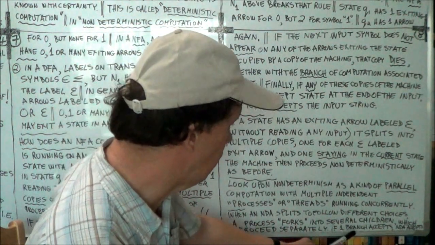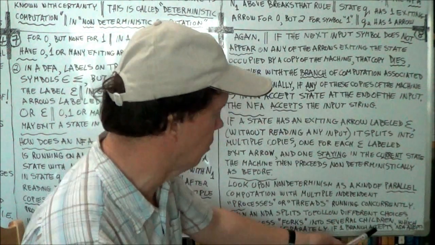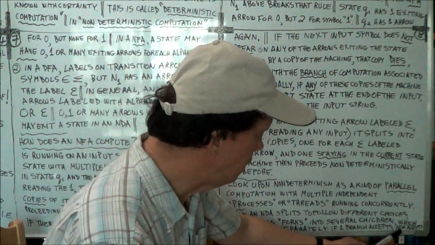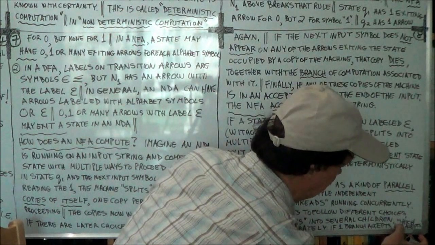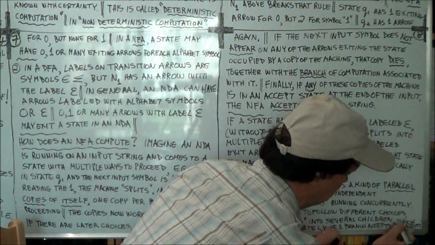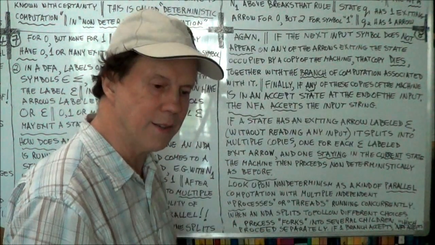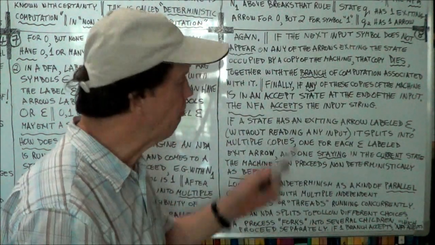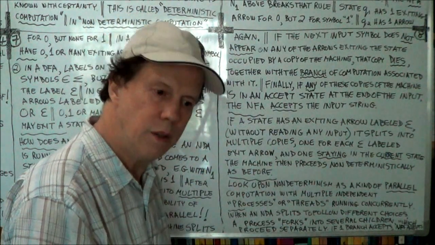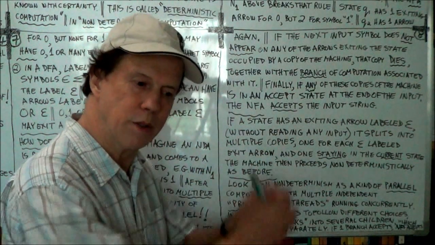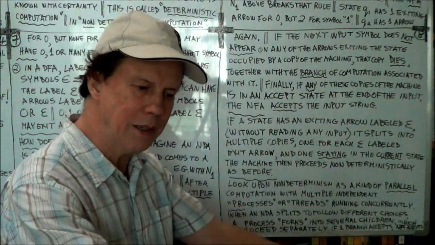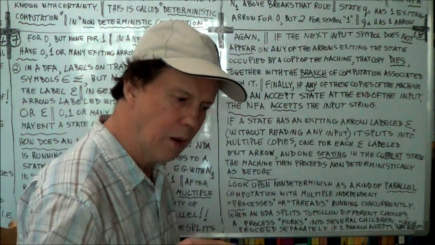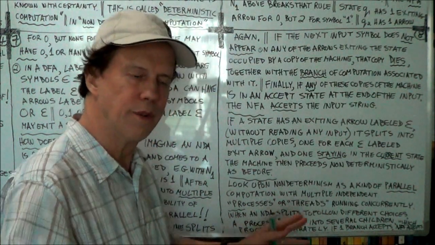So if just one branch, or thread, or whatever you want to call it, accepts, the NFA, the non-deterministic finite automaton, accepts. And that's the essence of the power of non-deterministic computation, because you get all this forking and branching, and they're all independently doing their own thing, and hopefully one of them will accept, and then the whole thing accepts.